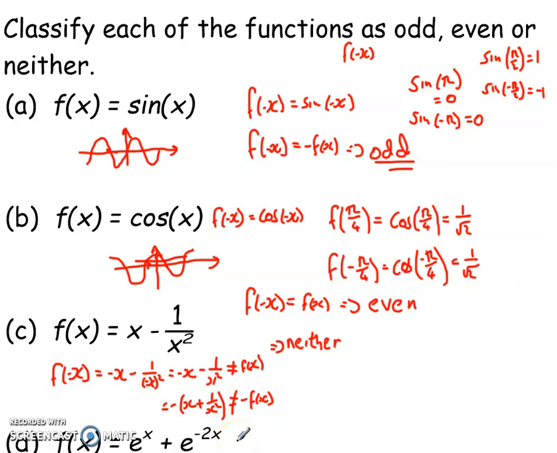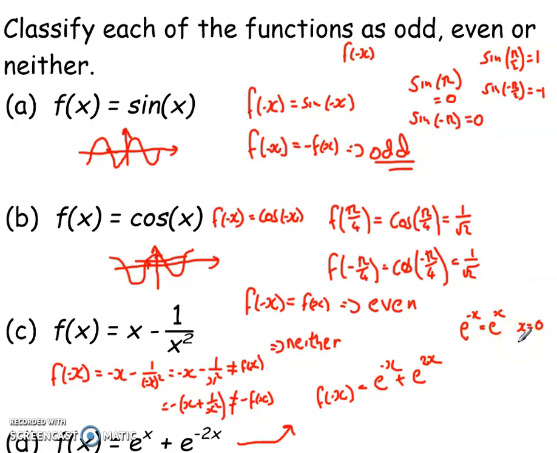Final question here, the fourth, f of x equals e to the x plus e to the negative 2x. If I again start with f of negative x, what I end up getting is e to the negative x plus e to the negative 2 times negative x, which is e to the 2x. Now, in this sort of function, e to the negative x equals e to the x at only one value, and that is when x is equal to 0. They both cut the y-axis at 1 when x is equal to 0.